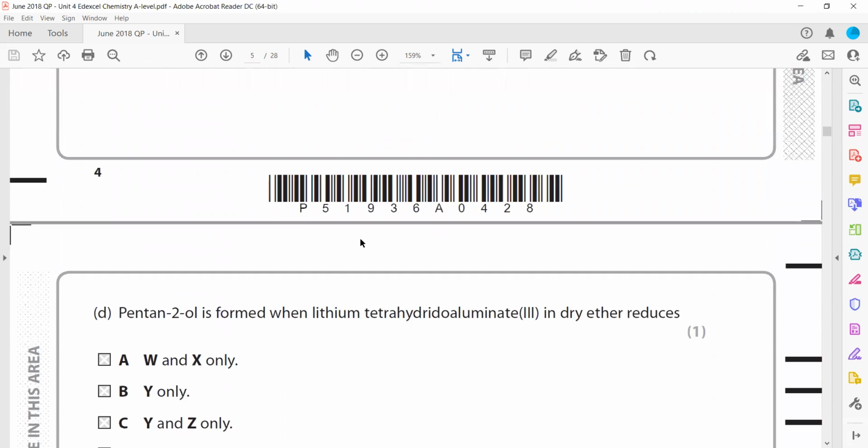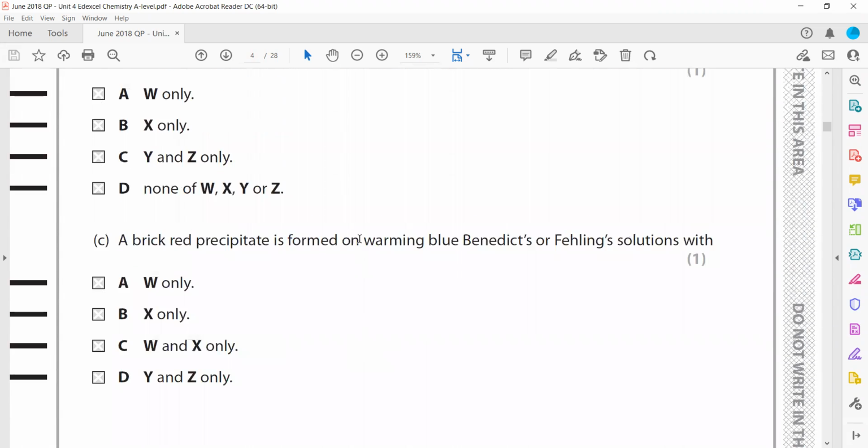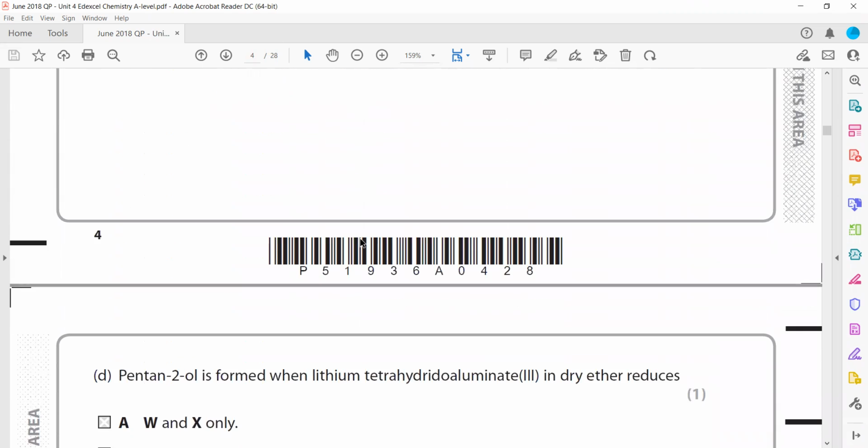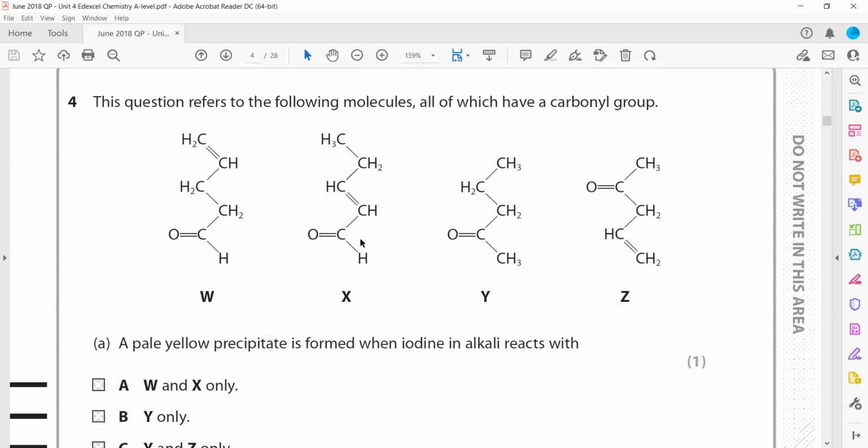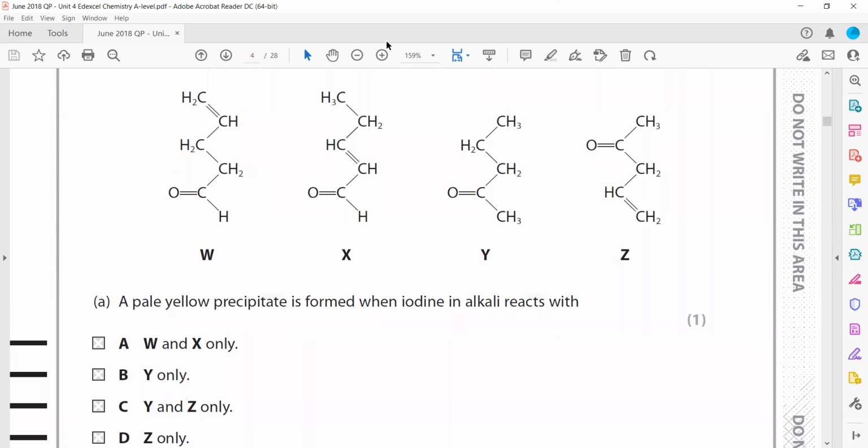When we check the options, pentanol, pent means 5 carbons, and pentane-2-ol. When this is reduced, 1, 2, 3, 4, so this cannot even be an answer because it will produce butane. 1, 2, 3, 4, 5: OH will be there, so it will produce pentan-1-ol.